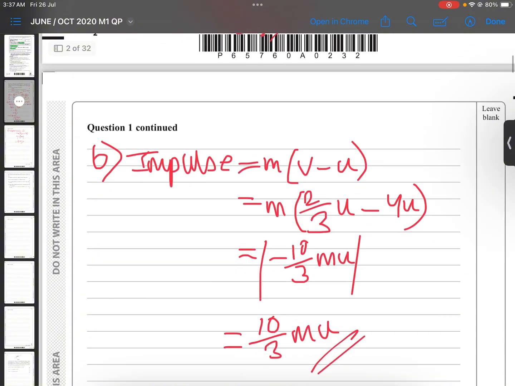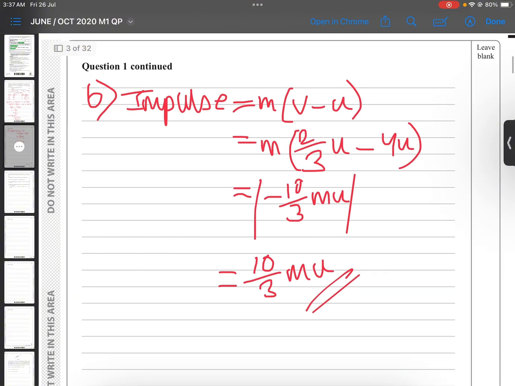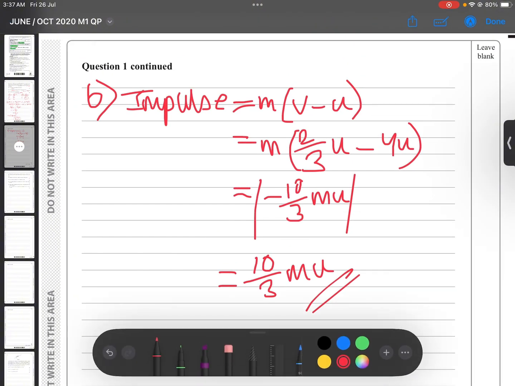So now the impulse we get is minus 10 by 3 mu. This is actually the real answer. The positive 10 by 3 is just the magnitude. So when stating the direction of the impulse acting, you have to consider not the magnitude but the original answer which you find.